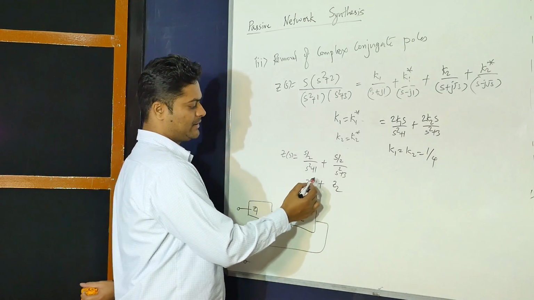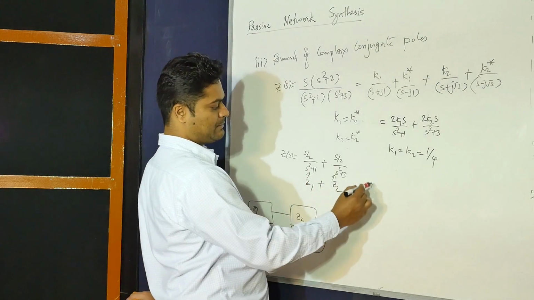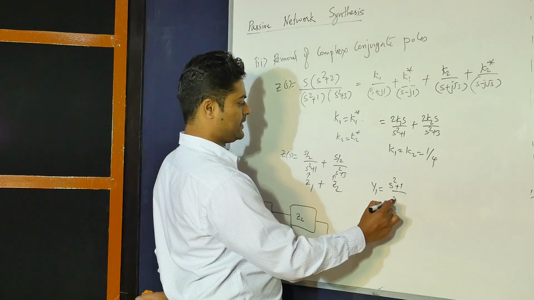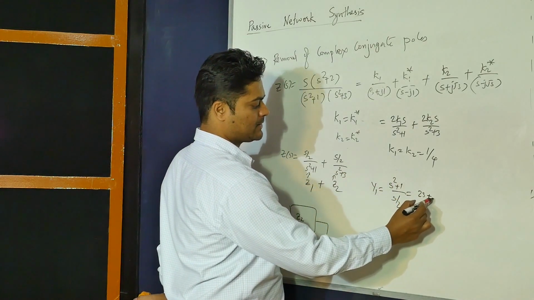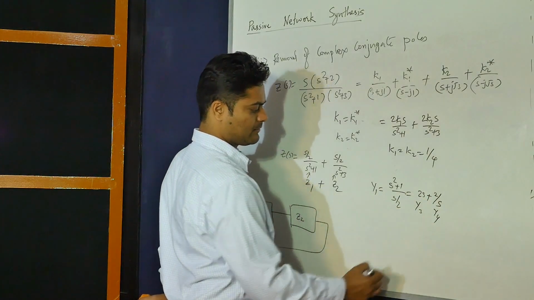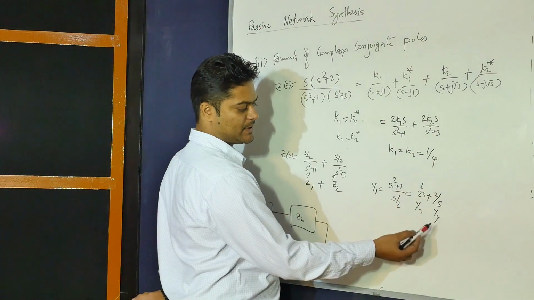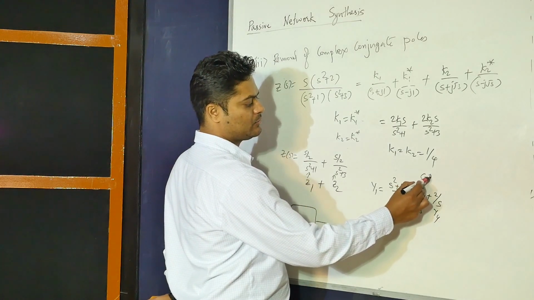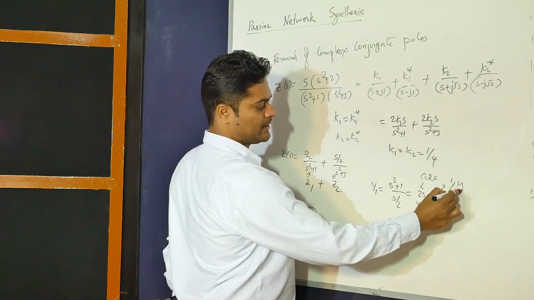So z1 and z2 can be written. z1 can be written as y1, which is nothing but s square plus 1 divided by s by 2, nothing but we have 2s plus 2 by s, right? So this is y3 and y4. As y3 says that this is nothing but c into s, right? Y term in the admittance. So c is 2 farad, and here L is inductor 1 by 2 Henry.